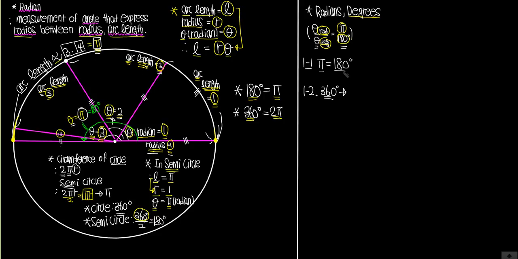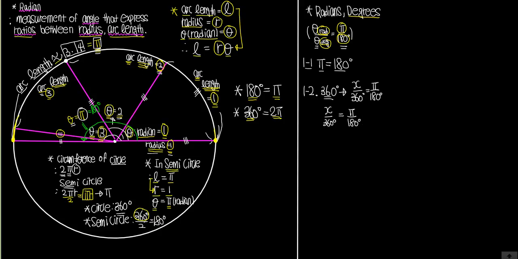So we could write it as, if we don't know the radian measure, we can set it as x over the degree measure, which we already know is 360 degrees. This will have the same proportion as pi over 180 degrees. All you have to do is solve for the x value. So if you rewrite it again, x over 360 degrees is equal to pi over 180 degrees.